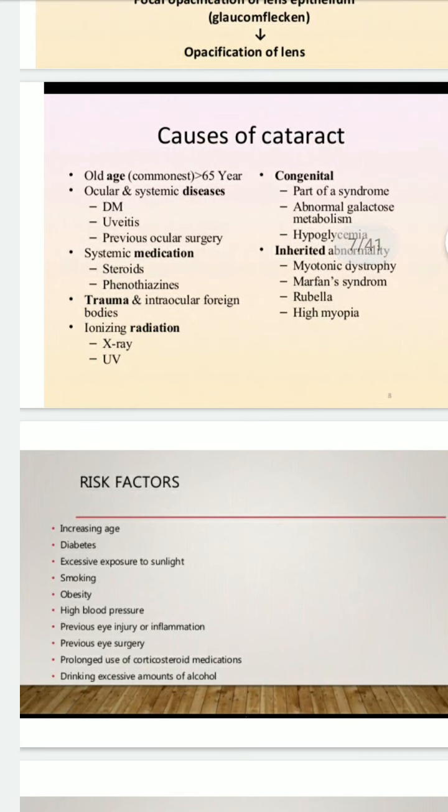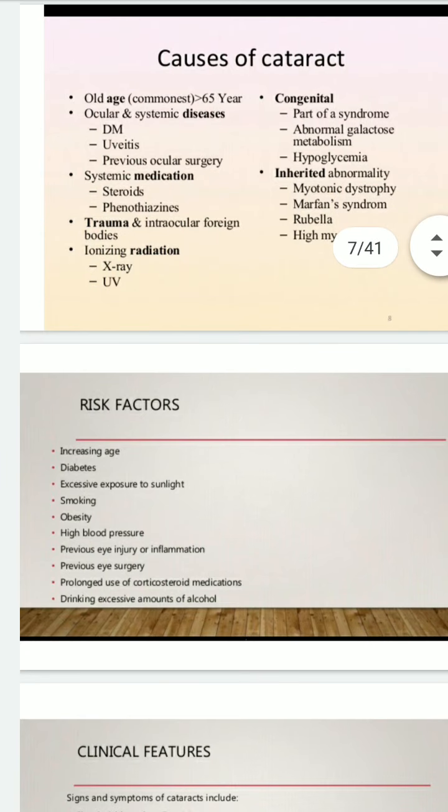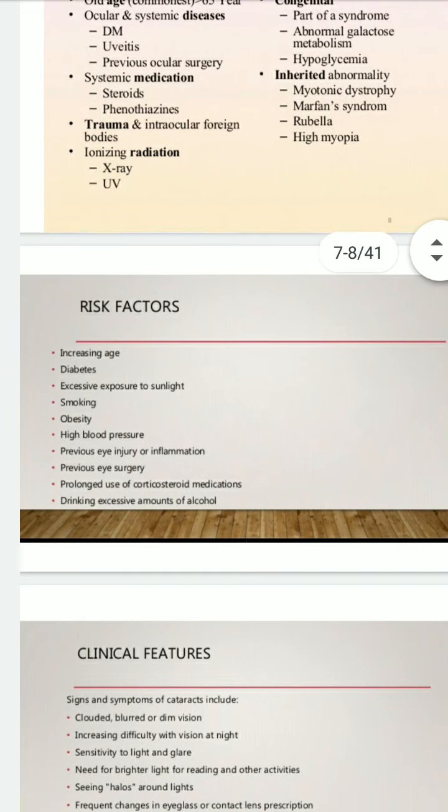Then risk factors: increasing age, diabetes mellitus, excessive exposure to sunlight, smoking, obesity, high blood pressure, previous eye injuries, previous eye surgeries, prolonged use of corticosteroids, and drinking excessive amounts of alcohol, etc.